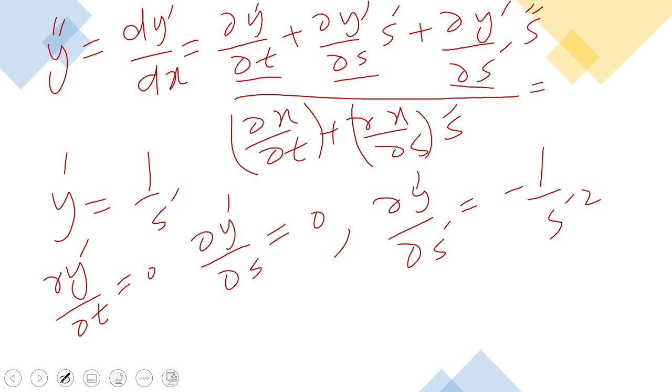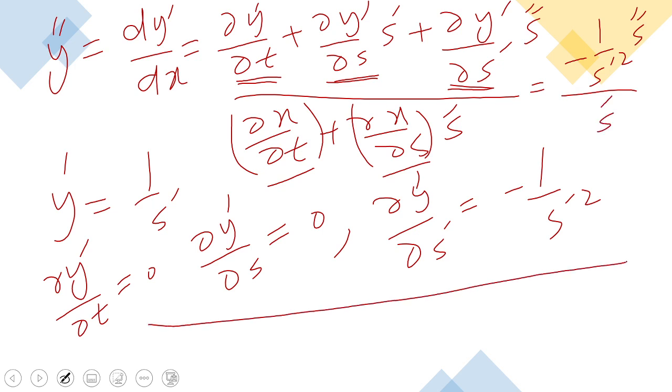You see this is 0, 0, and I get here 1 minus 1 over S dash square times S double dash, and this value is 0, this is 1, so I get S dash. So overall I get y double dash is minus S double dash over S dash cube.